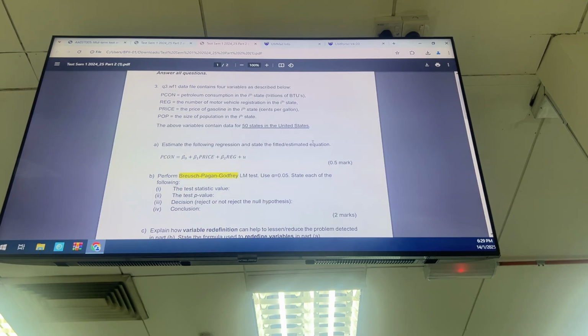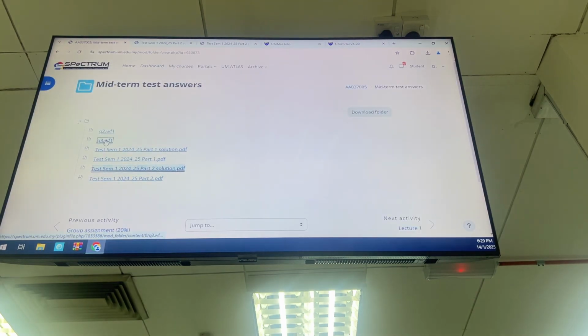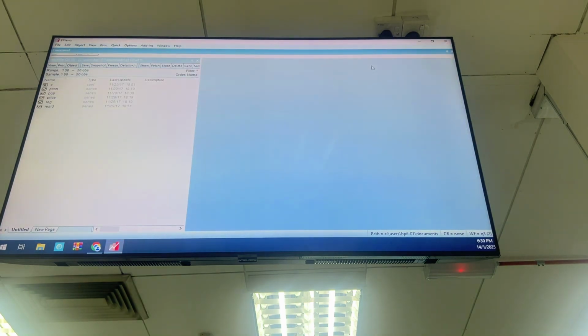So 3A, estimate the following regression and state the estimated equation. Just like before, just estimate and you get 0.5 marks already. Okay. So estimate the model.